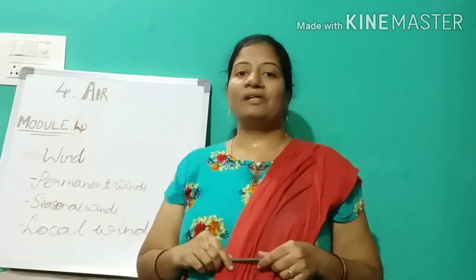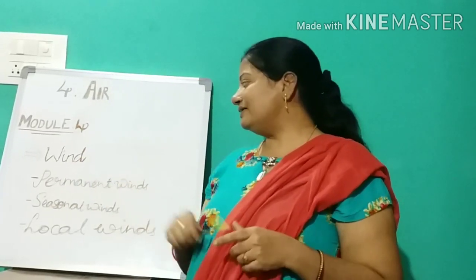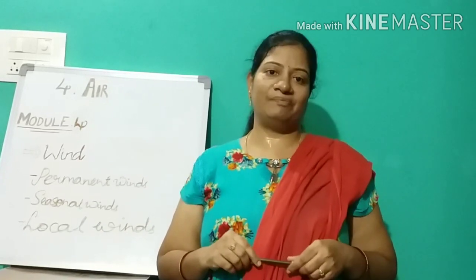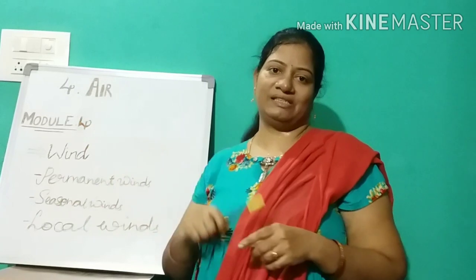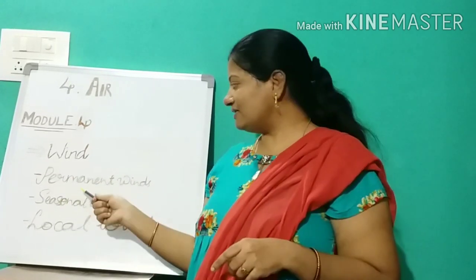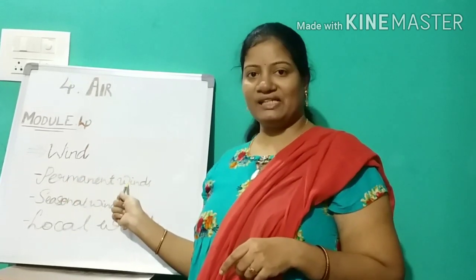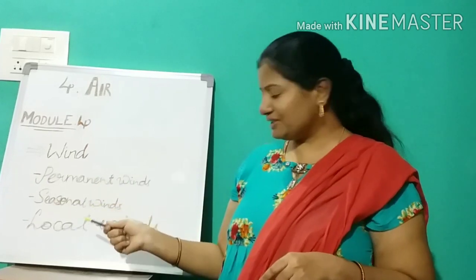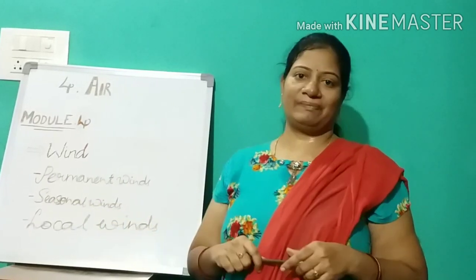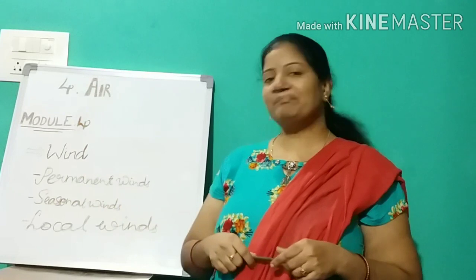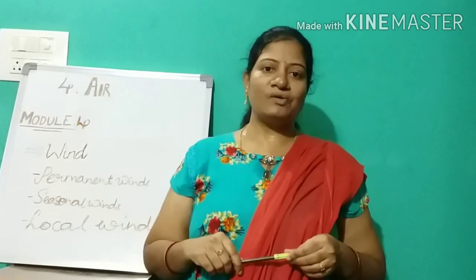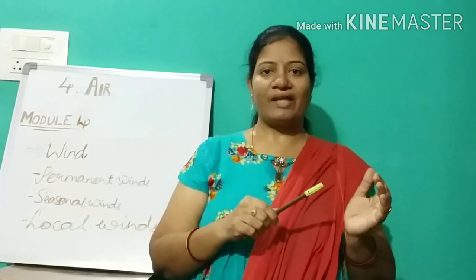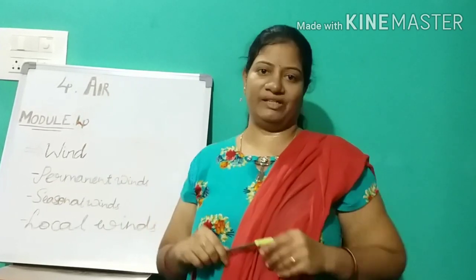Coming to wind, we have 3 types of winds based on the pressure belts, right? The first one is permanent winds, the second one is seasonal winds, and the third one is local winds. The first one, permanent winds, are also called planetary winds and prevailing winds.